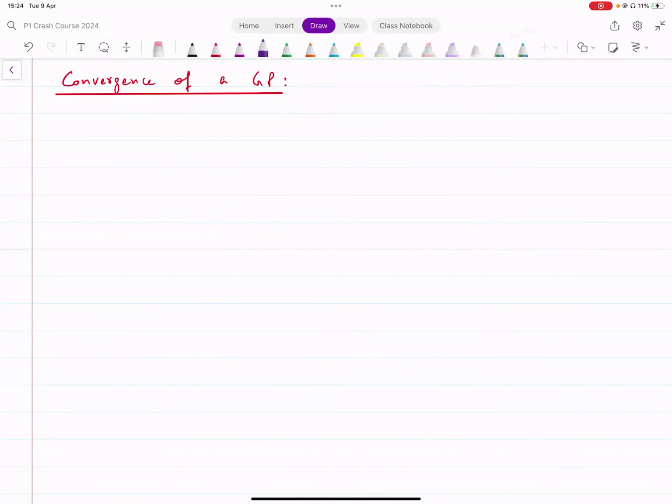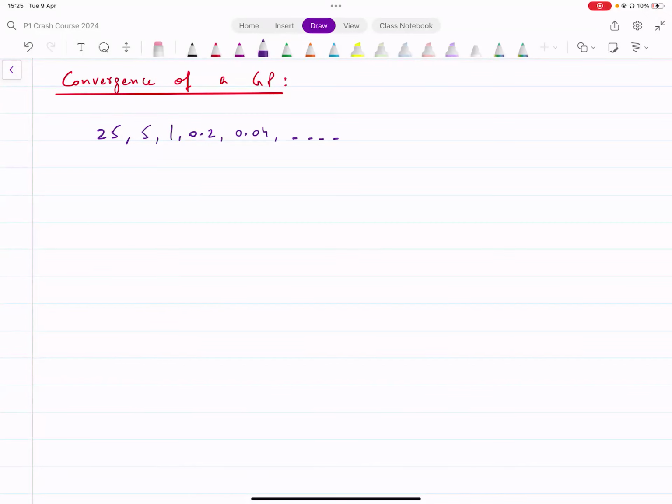Now let's write down a GP here like this. So we have, for instance, 25, 5, 1, 0.2, 0.04, and so on. You can see the values are becoming smaller and smaller. It's a GP with its ratio between -1 and 1.